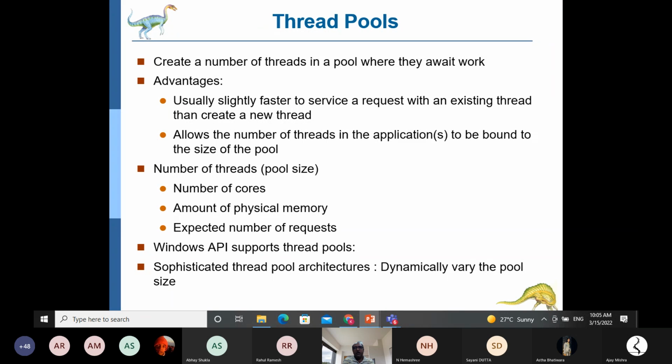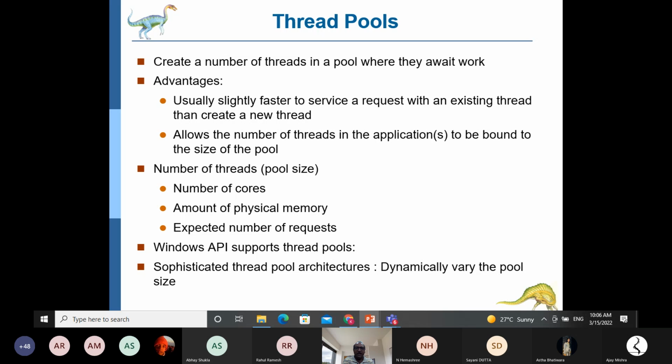So instead, the concept of thread pools is that at the beginning, when you start the system or just power on the server, you create a thread pool. This thread pool is a finite number of threads, and they wait for a job to perform.